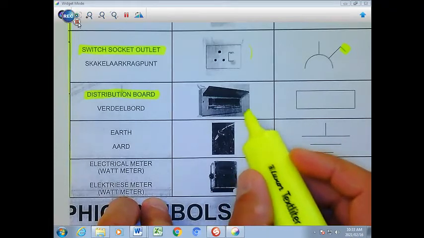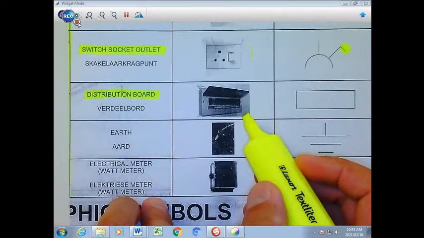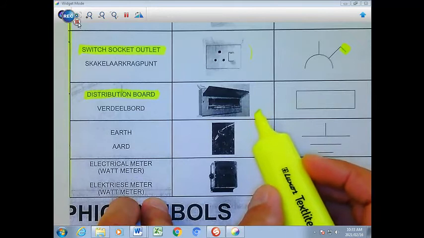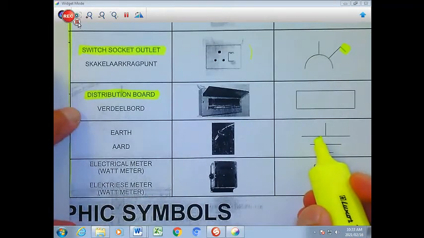Should you fail to do that, it could have serious repercussions in terms of electrical shock. That is the symbol, just a rectangular box, which you will find in a floor plan.